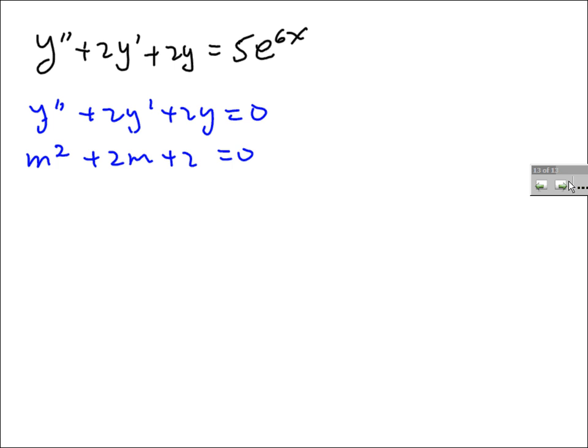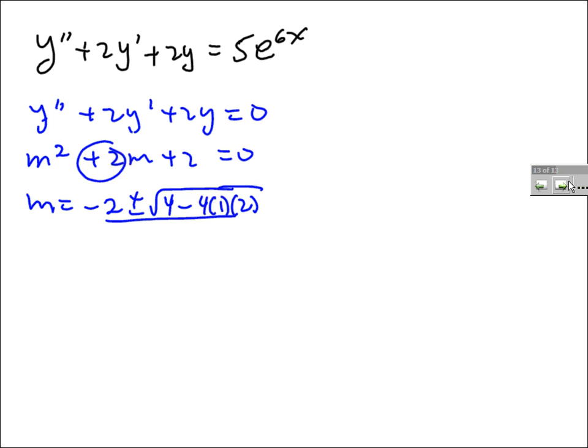It's going to turn out that m is negative b plus or minus the square root of b squared minus 4ac, all over 2a, which is 2 times 1 or 2.